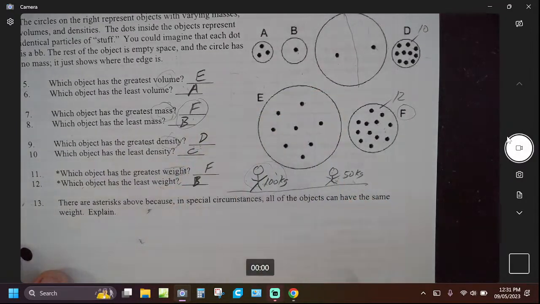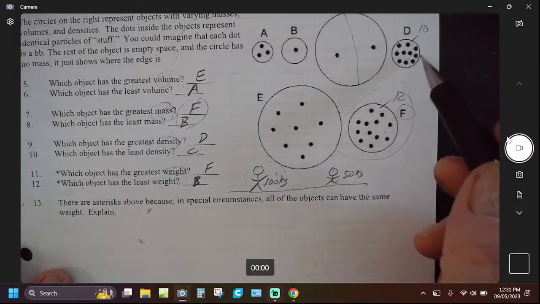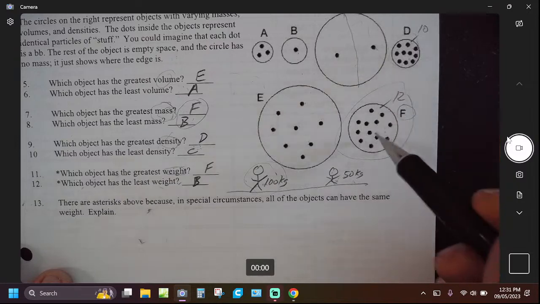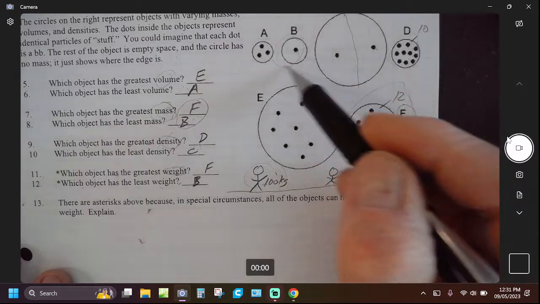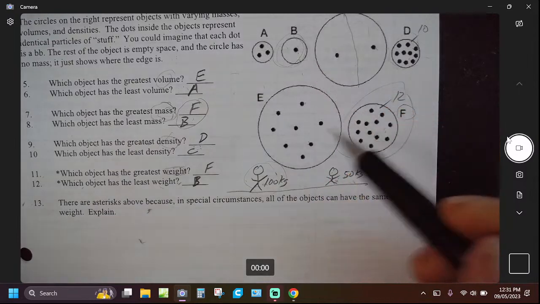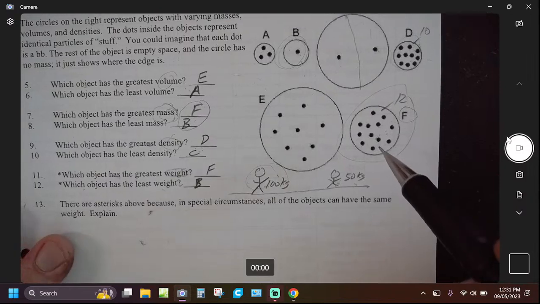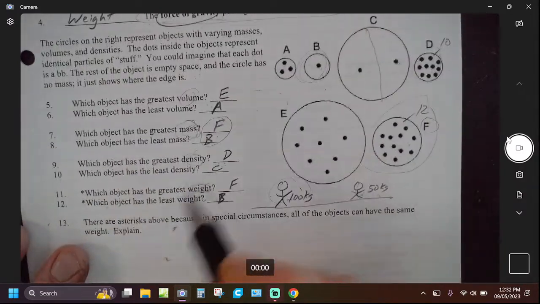So in these kinds of questions, the one with the most stuff in it is going to weigh more than the one with less stuff in it. This is going to be the heaviest. This is the lightest. But I just want you to know that if you go to a place where there's no gravity at all, this one still has stuff. It just doesn't have weight anymore because the force of gravity is gone.